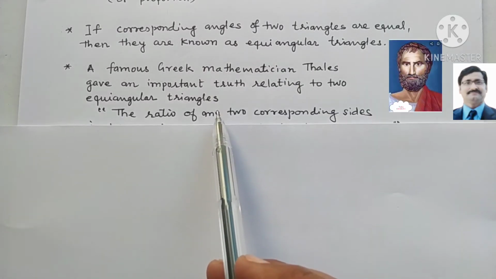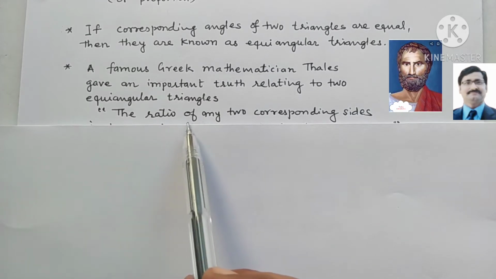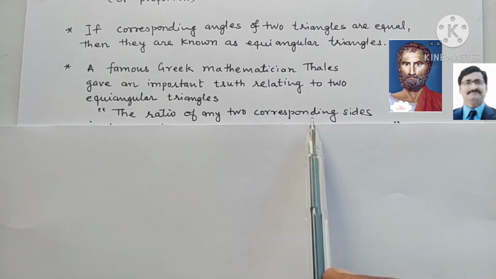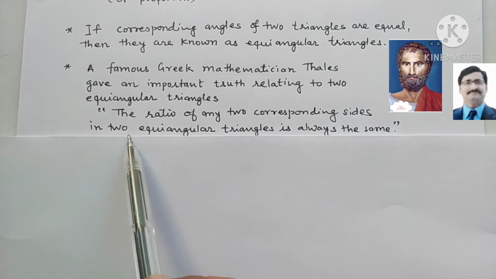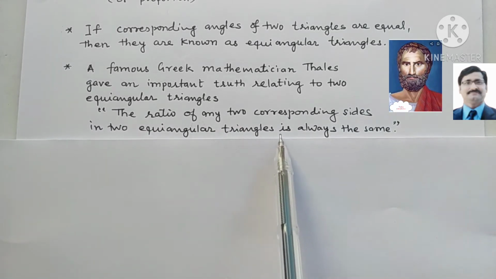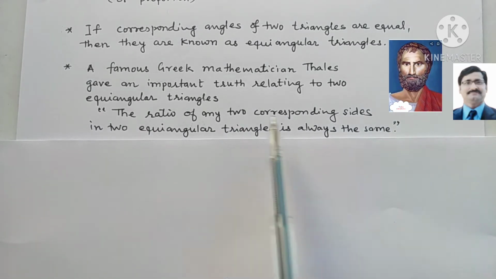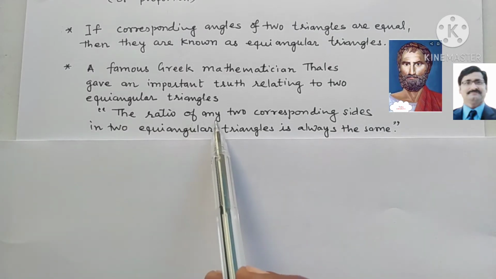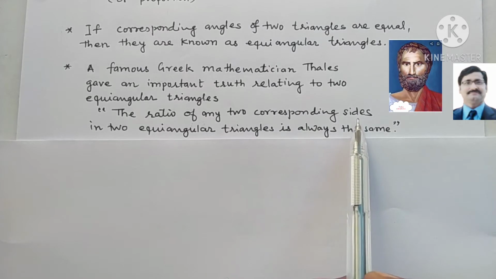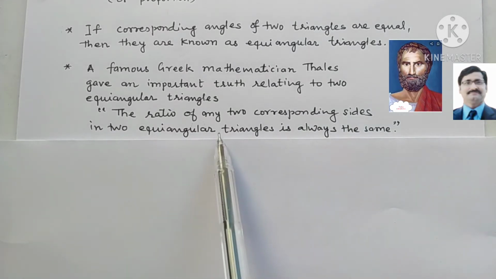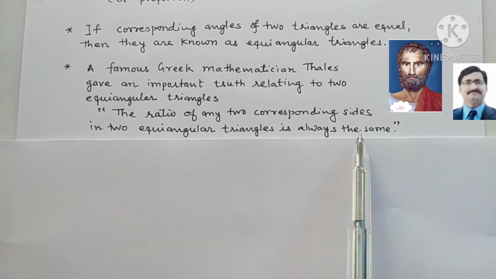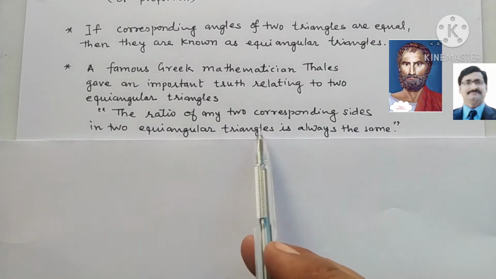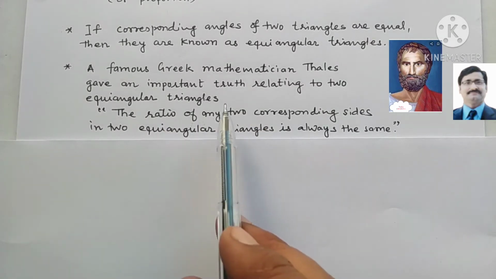The ratio of any two corresponding sides in two equiangular triangles is always the same. Again, you can listen: the ratio of any two corresponding sides in two equiangular triangles is always the same. This was given by Thales.